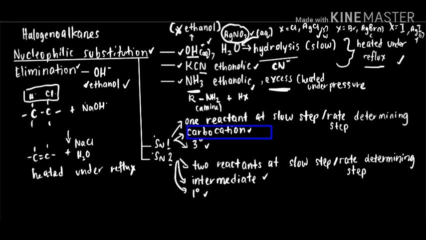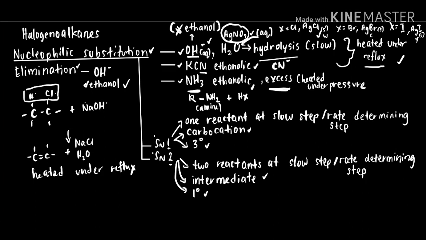Since we are talking about carbocation, we are talking about tertiary halogenoalkane, because tertiary halogenoalkane will form a tertiary carbocation, which is much more stable compared to secondary and primary carbocation. Therefore, tertiary halogenoalkanes tend to form tertiary carbocation and follow SN1.